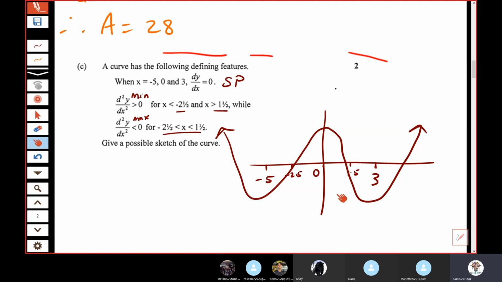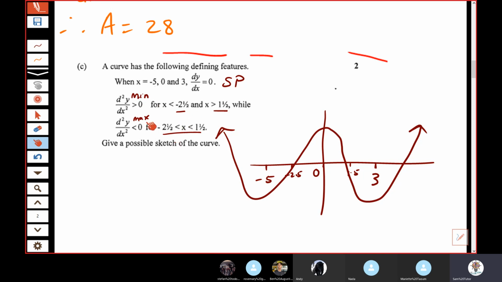Any questions? Do you have to prove the point of inflection? Hold on. I don't know, but it must be a point of inflection at 2.5. Why? That's where it changes. It's telling you before this, it's a min.